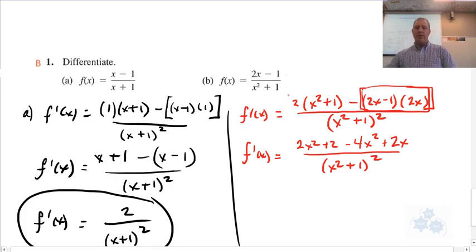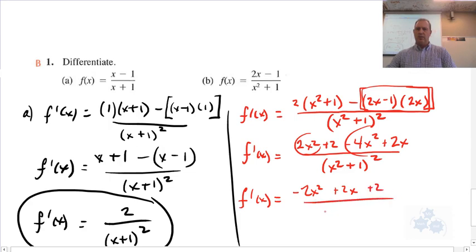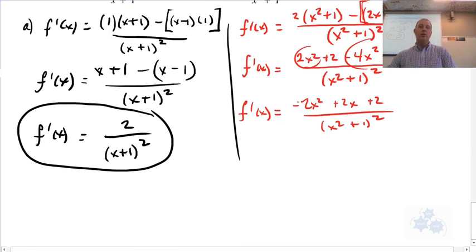But if we gather like terms, what does this do for us? Well, I've got some x squareds. It's negative 2x squared plus 2x plus 2 over x squared plus 1 squared. And I can take a 2 out of here for sure to simplify that further.